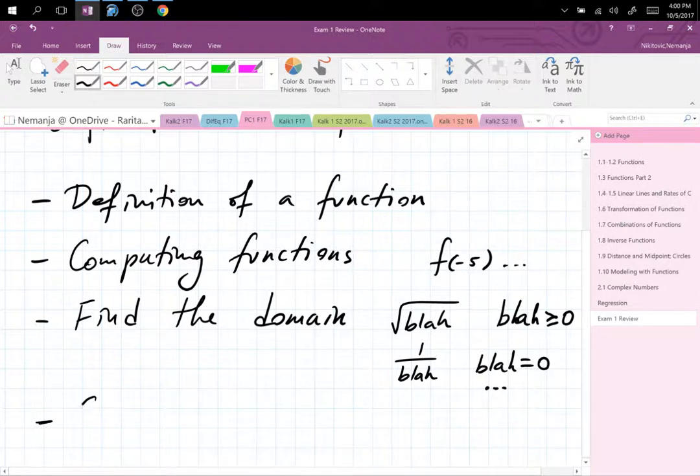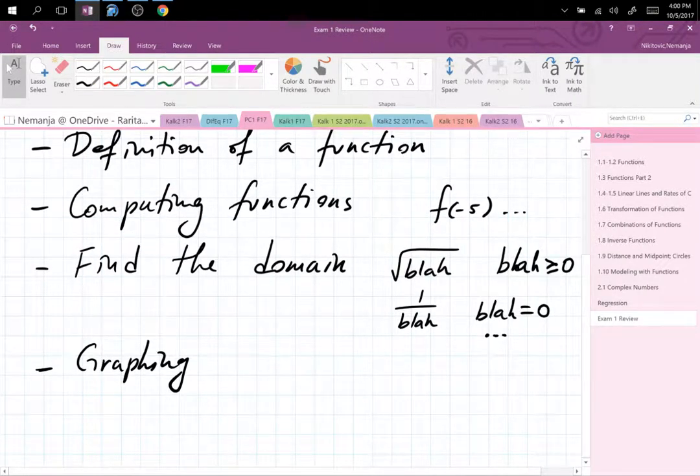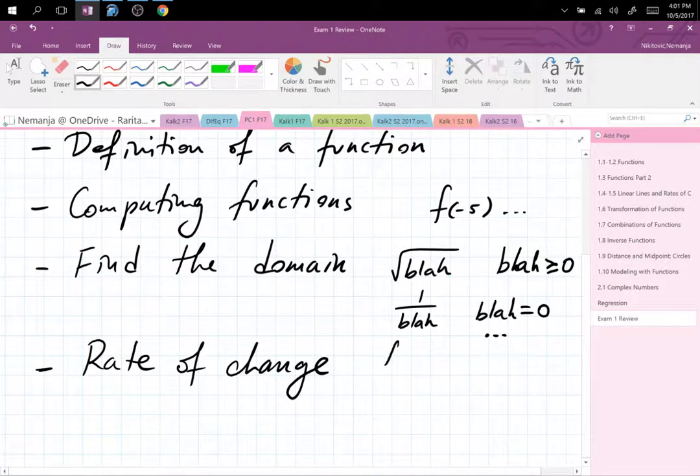Before graphing, the rate of change. That was the good old f of b minus f of a divided by b minus a.